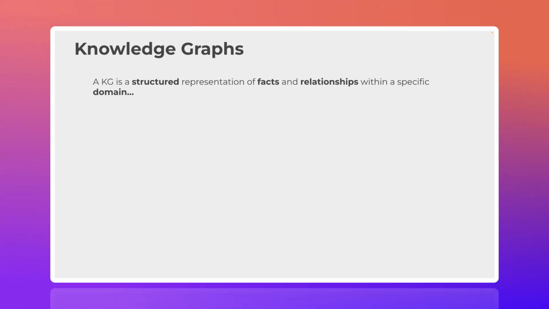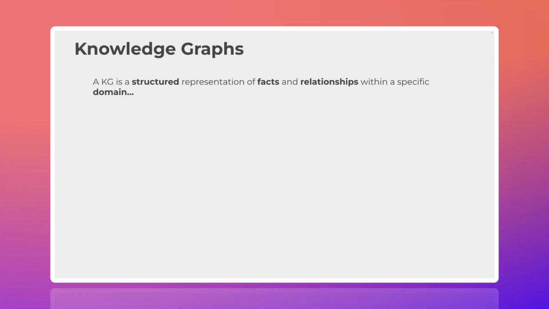Of course, we always have to define the thing that we're trying to learn. Knowledge graph: what is it? Usually you will see me writing or saying KG for short, which stands for knowledge graph. A knowledge graph essentially is a structured representation of facts and also relationships within a specific domain.